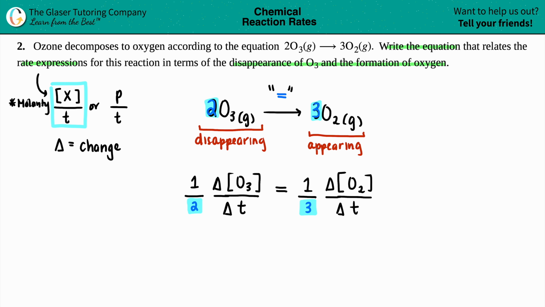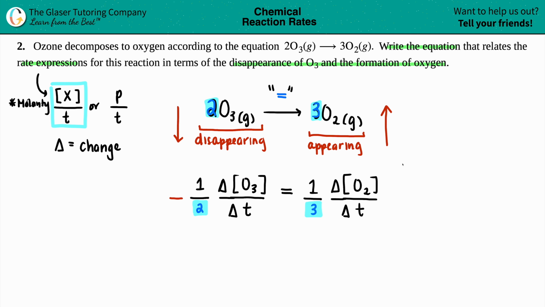Disappearing, we say in our rate expressions by a negative, because disappearing means that you're going down. As O3 is disappearing, O2 is going to be appearing. So this side has a big negative sign in the middle. This side has a big positive sign because it's being formed, it's increasing. So that's the difference here, whatever side is disappearing, you've got to put that negative in there.